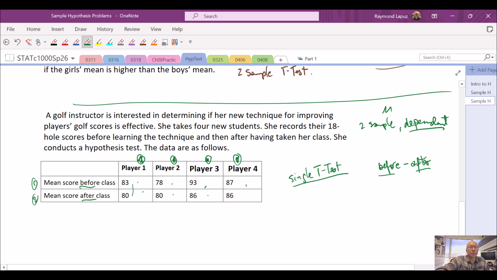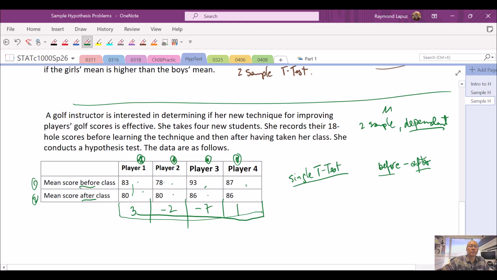We're going to construct a new set of data from here. So 83 minus 80 is positive 3. This went down, so that's a negative 2. This went down, so I think that's a negative 7. And then 87 minus 86 is positive 1.